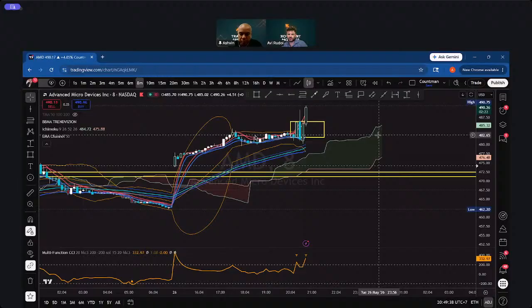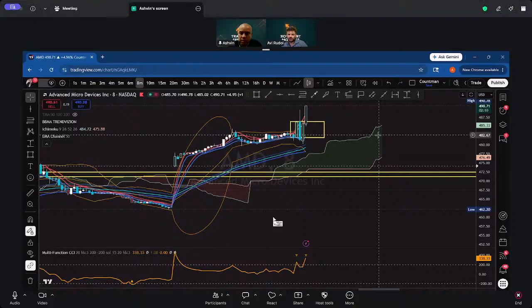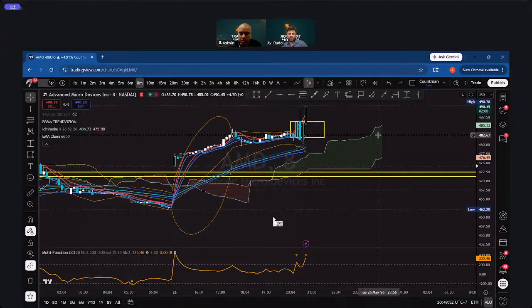Oh, AMD is expensive, man. Is there another ticker for AMD? What is it? AMDL, I think. Oh no, but the bid and ask is ridiculous.